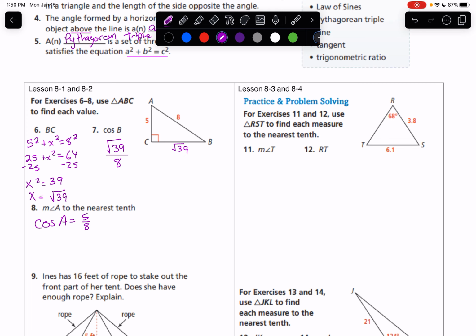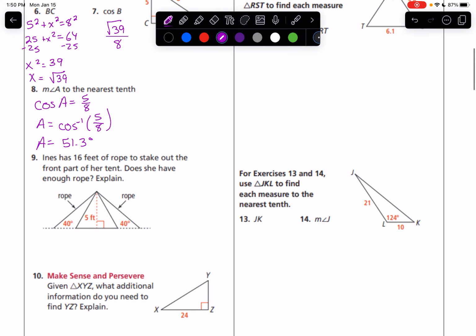Then in order to get rid of cosine, I have to take the inverse cosine of both sides. So A is equal to the inverse cosine of 5/8. The inverse cosine of 5/8 is approximately, to the nearest tenth, 51.3 degrees.